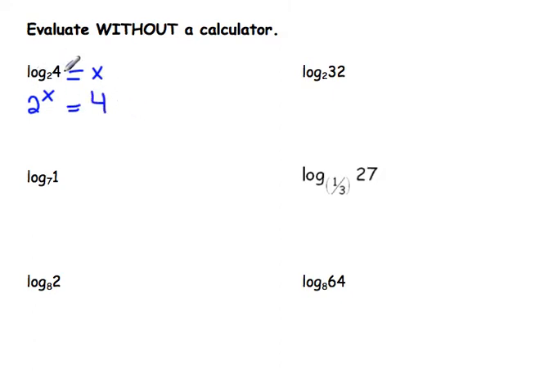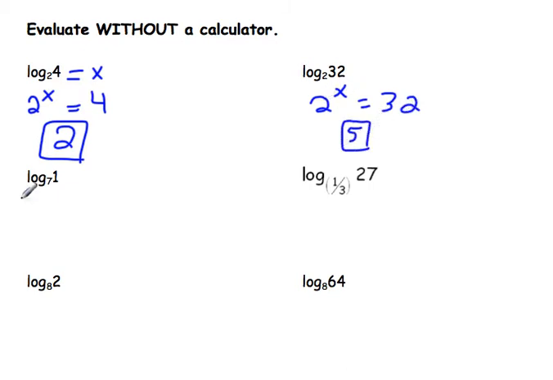So log of 4 with base 2 is going to be what? 2 to what number equals 4? The exponent would be 2, because 2 squared is 4. 2 to what power would give us 32? That exponent would be 5.